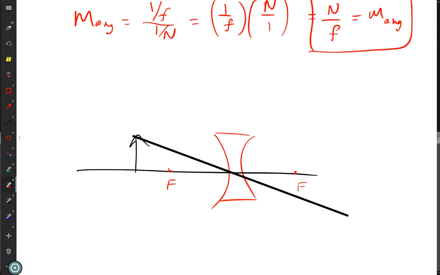I have these two focal points. The parallel ray goes like this and then comes out as if it came from that focal point, and it forms an image back here.